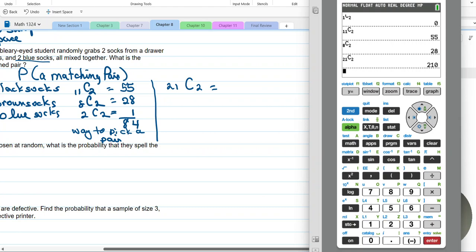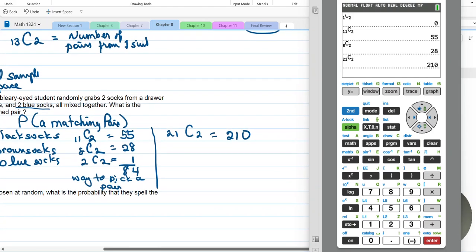And we get from that one 210. All right. So now we have our probability. So we have the 84 over the 210. And we can reduce that.